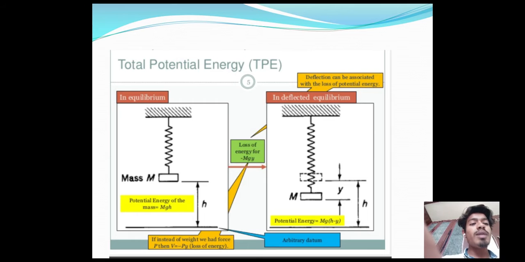So deflection can be associated with the loss of potential energy, where y is the deflection, h is the height, and m is the mass. The potential energy of the mass is taken as mg(h minus y) in deflected equilibrium.